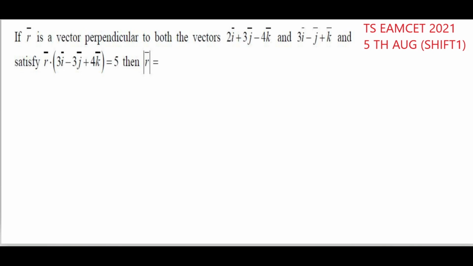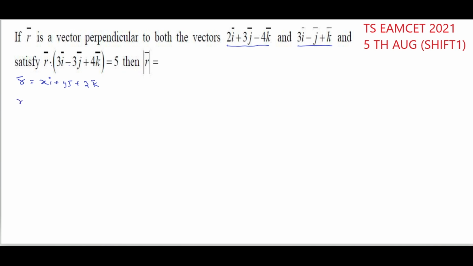If r bar is a vector perpendicular to both the vectors 2i plus 3j minus 4k and 3i minus j plus k and satisfies r bar dot 3i minus 3j plus 4k is equal to 5, then mod r bar is, here take r bar is equal to xi bar plus yj bar plus zk bar. So this r bar is perpendicular to the given vector 2i plus 3j minus 4k.